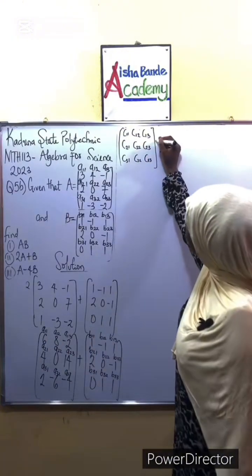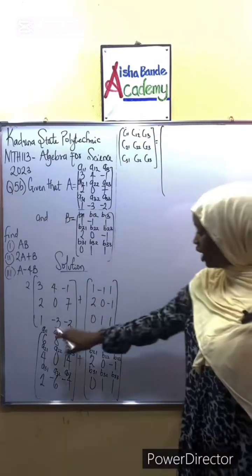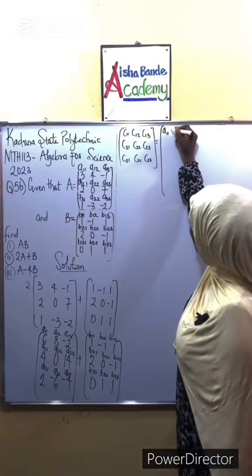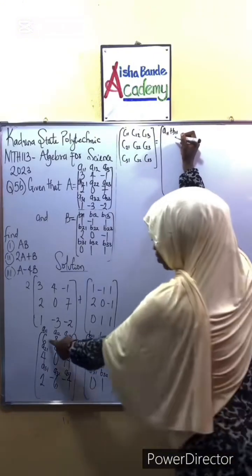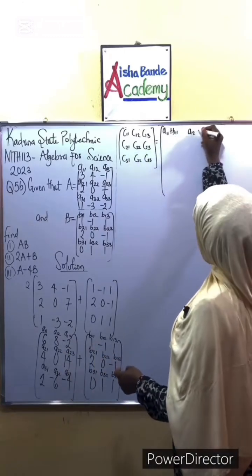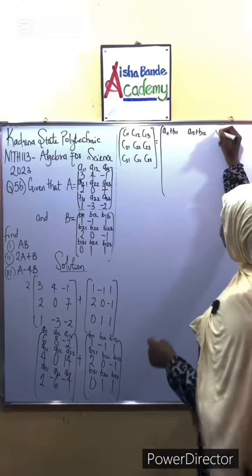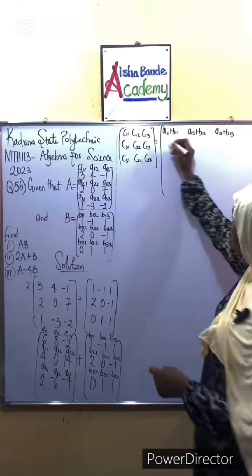Let me write out how to add this. C11 is going to be A11 plus B11. Then C12 is A12 plus B12. Then C13 is A13 plus B13. That's for the first row.